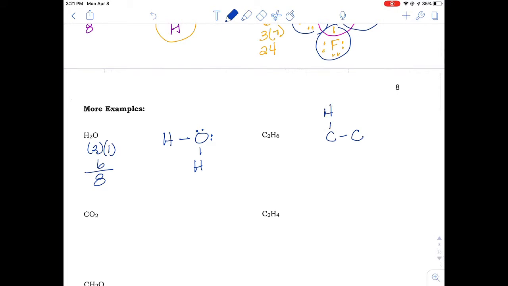And each carbon can have 4 bonds. Oh, I didn't count. 4 times 2 is 8, plus 6. 8 and 6 is 14. 2, 4, 6, 8, 10, 12, 14. We have all our bonds represented. All our electrons are accounted for.